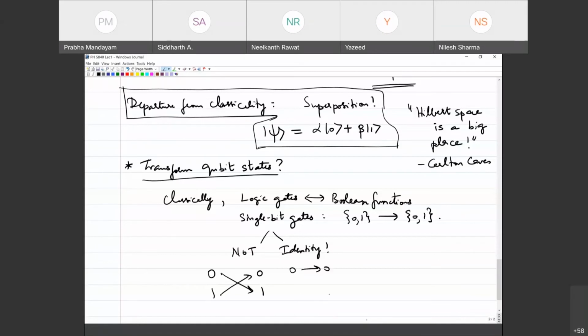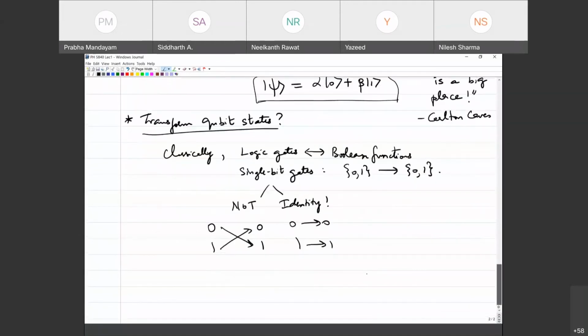These are the only two single bit Boolean functions. Then you have multi-bit gates, because I'm going to talk about multi-qubit gates shortly. Classically these typically have two inputs and one output, the basic building blocks of your classical circuits. So what are these?